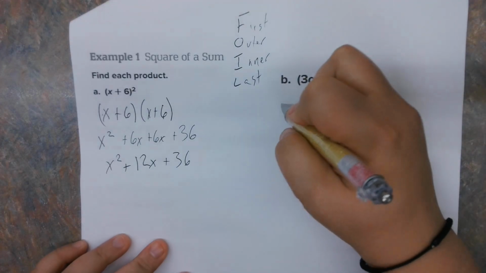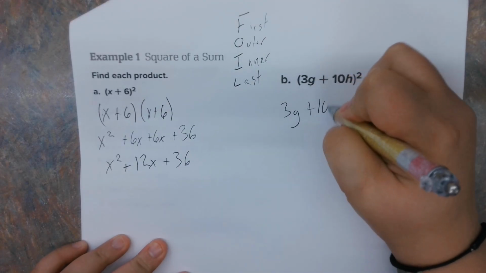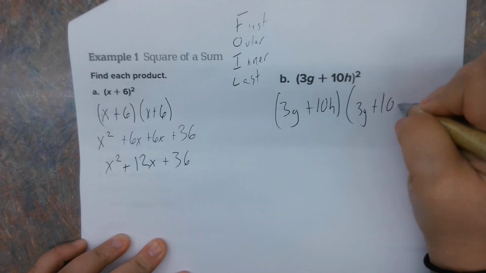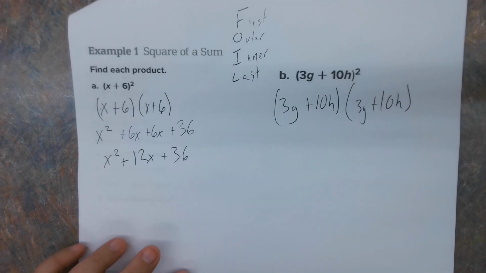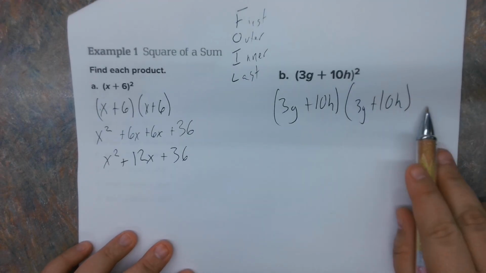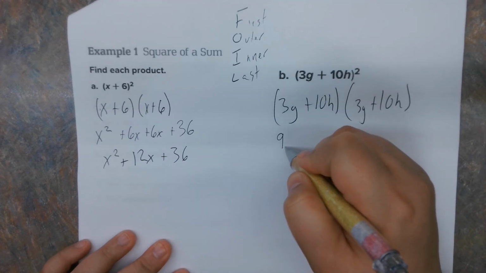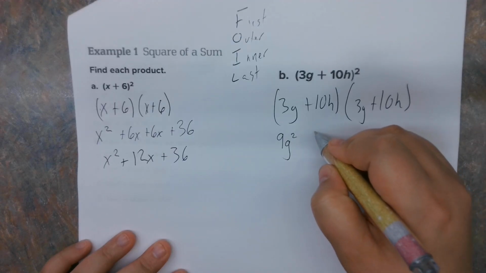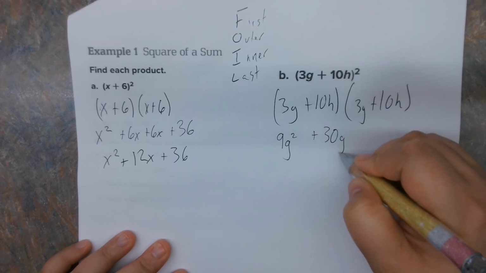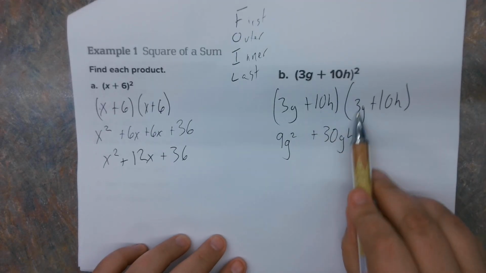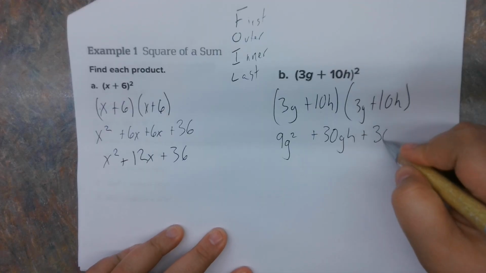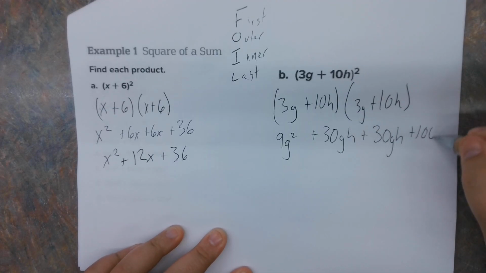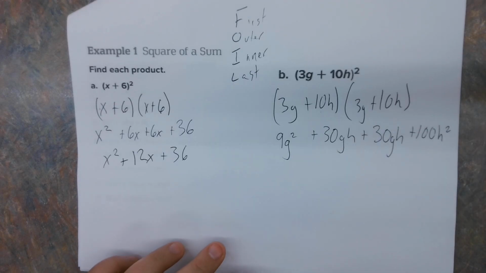Let's do it again. 3g plus 10h. It's the same number twice. 3 times 3 is 9, g squared. 3g times 10h is going to be 30gh. 10h times 3g is going to be 30gh. 10 times 10 is 100, h squared.